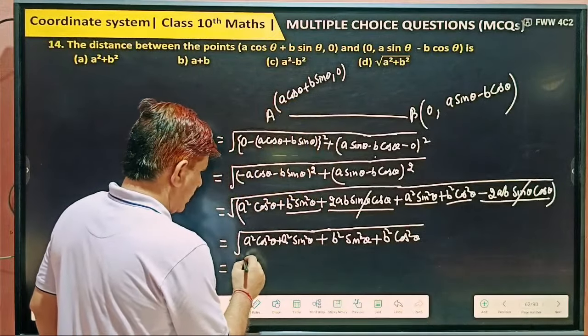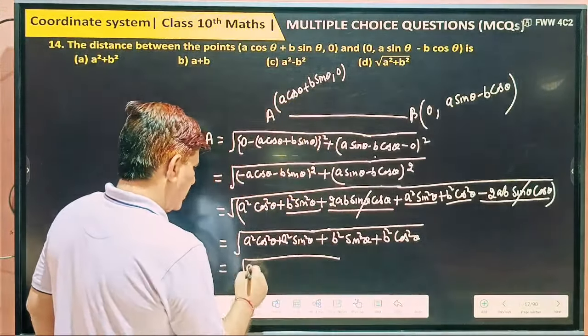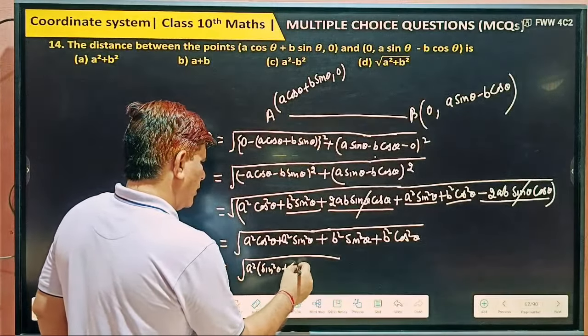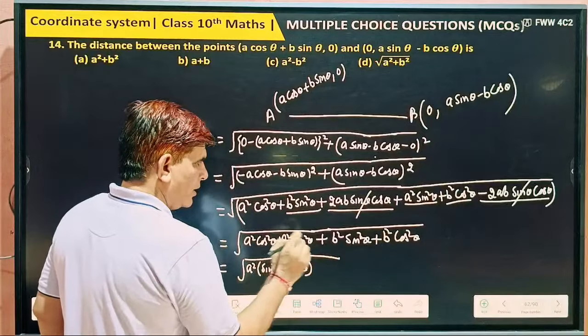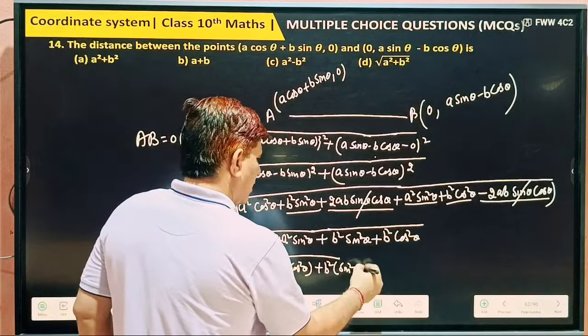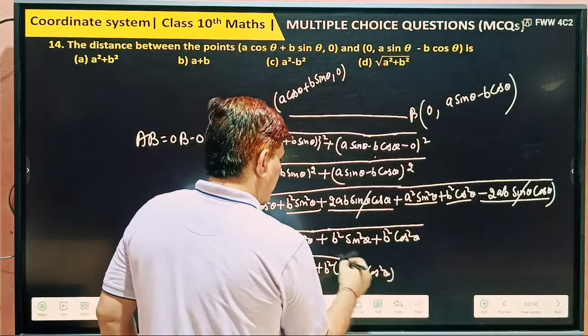What have I taken common? A square I have taken common, sin square theta plus cos square theta. This I have written first. B square, sin square theta plus cos square theta.